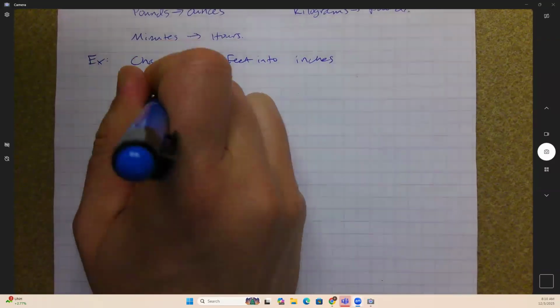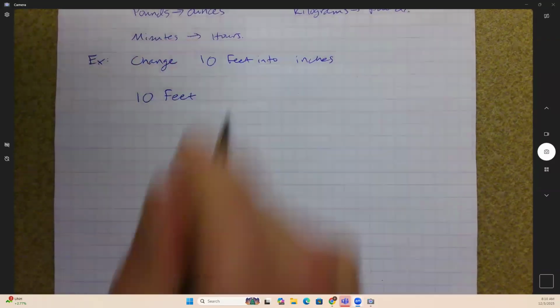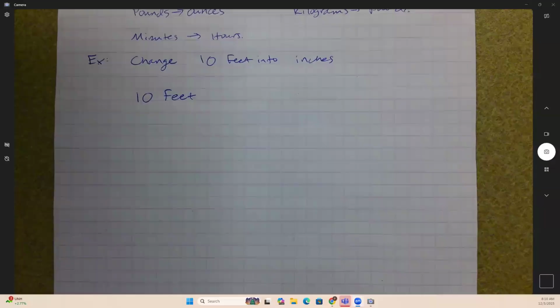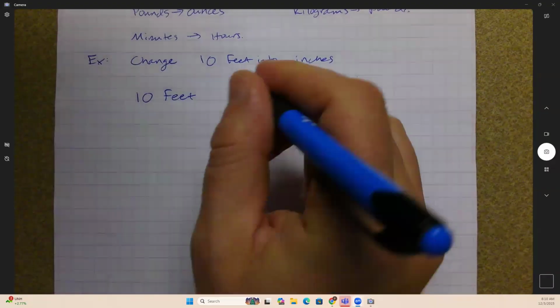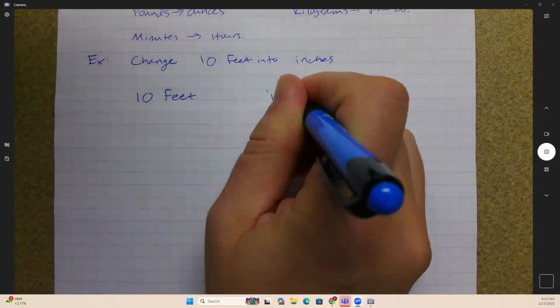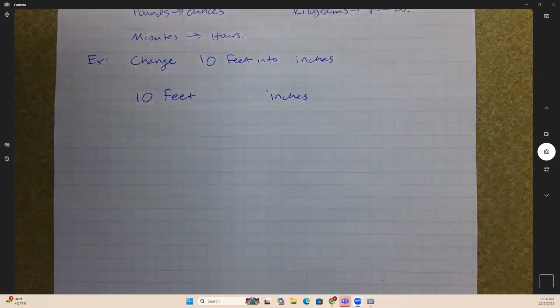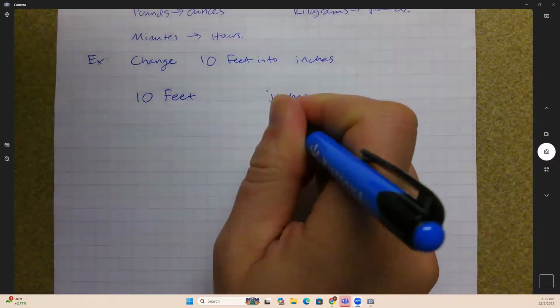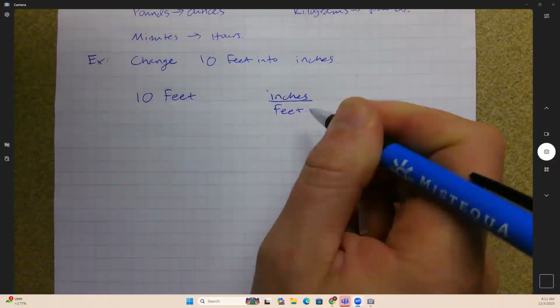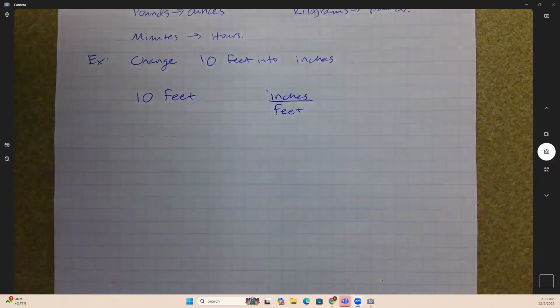You take your first quantity, you write it right there, and you say, my units are feet. I don't want units to be feet. I want my units to be inches. I'm going to write inches over there. Well, I have to change from feet to inches, so I'm going to build a ratio where I have inches on top and feet on the bottom.